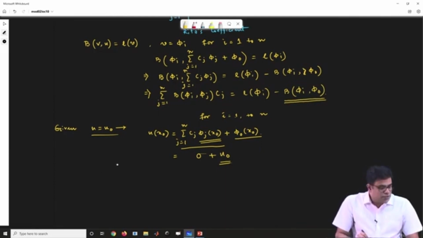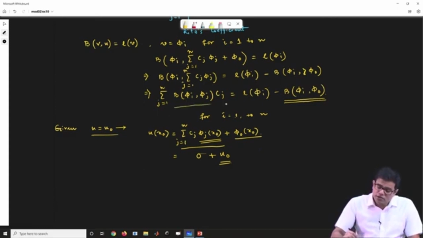Now I will explain this in more detail in terms of a problem. Before that, let us investigate what happens with this linear system of equations.